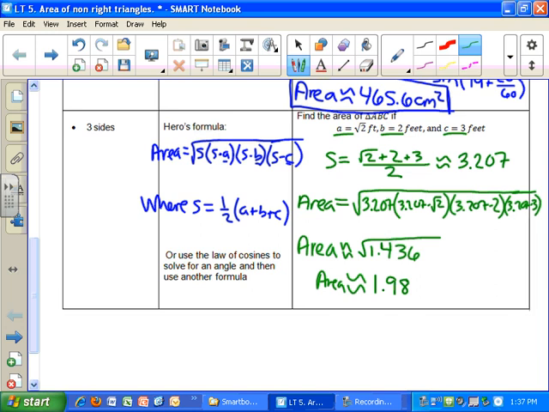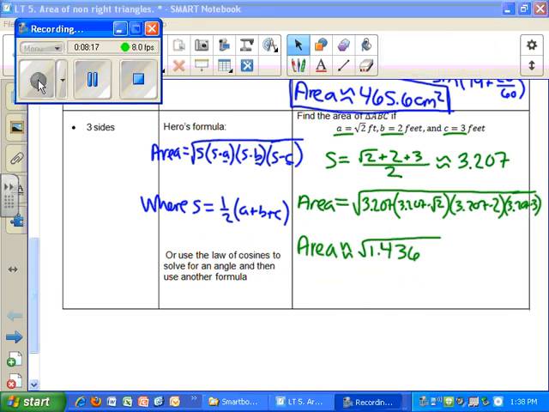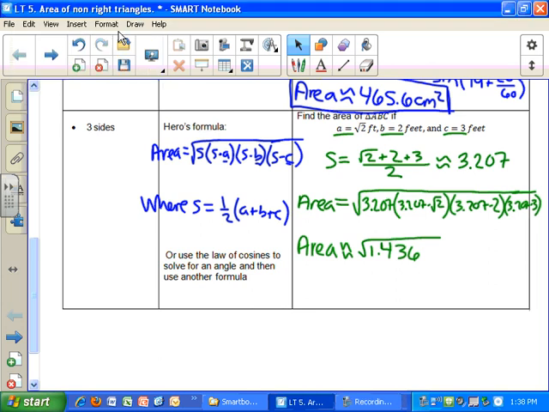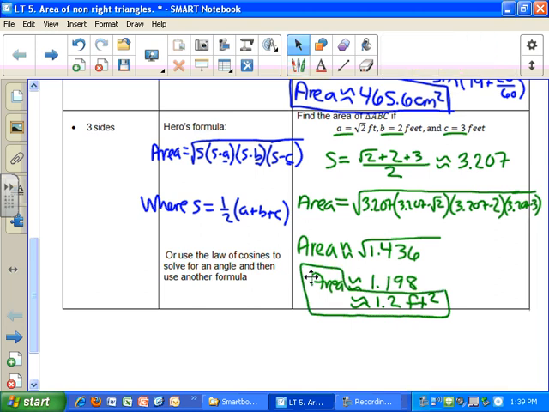Well, oh, hang on a sec. That doesn't seem right. Okay, so sorry, the area is about 1.198, and we could round that to say that it's about 1.2. Our units is feet, and so because it's area, it would be feet squared.